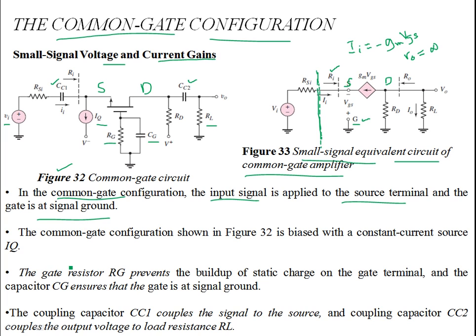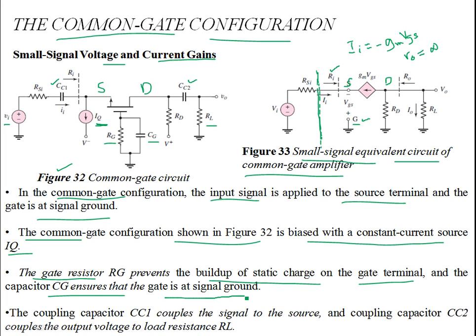Then the common gate configuration shown in figure 32 is biased with a constant current source IQ, which you see over here. So IQ is the current biasing source. The gate resistor RG prevents any buildup of the static charge on the gate terminal, and the capacitor CG ensures that the gate is at a signal AC ground.